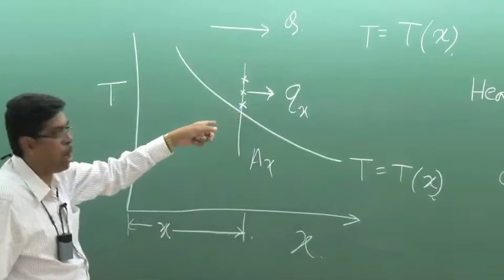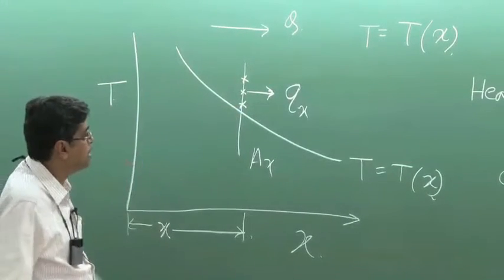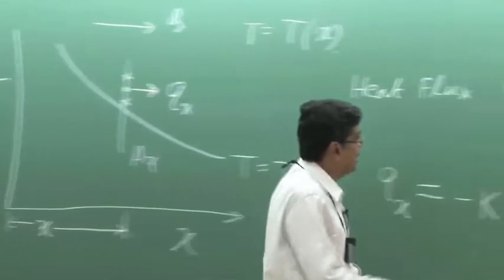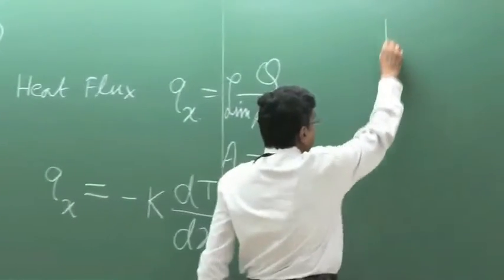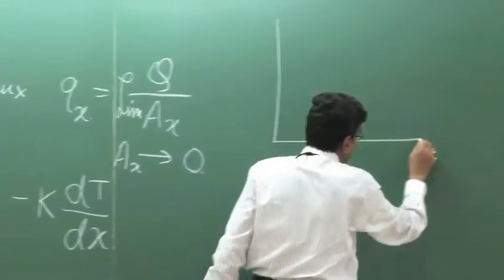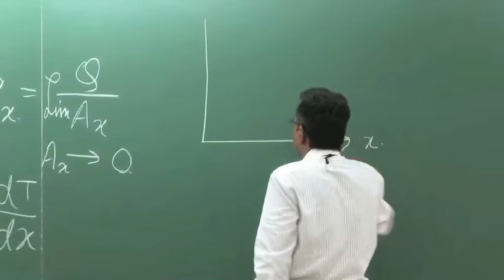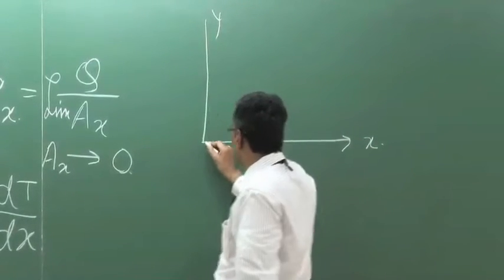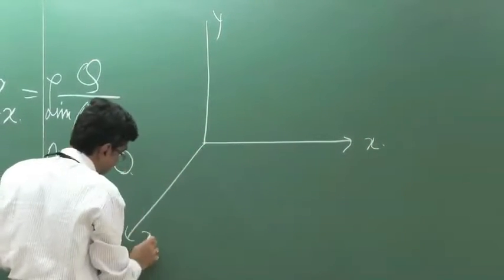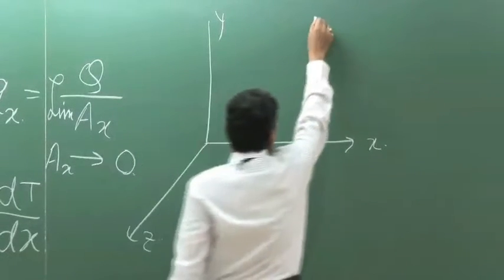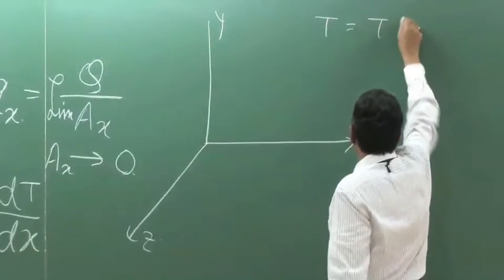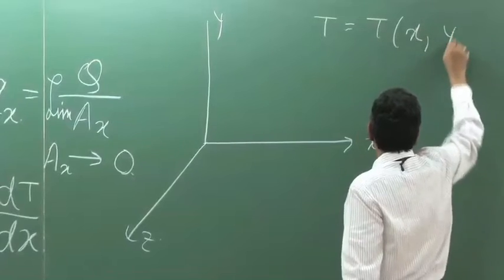Similarly, if it is not a function of z, it will be the same at all points. But in practice, temperature may be a function of all the space coordinates with reference to a frame. For example, in a Cartesian frame of reference, temperature may be a function of x, y and z.